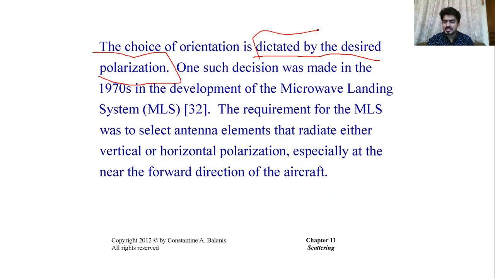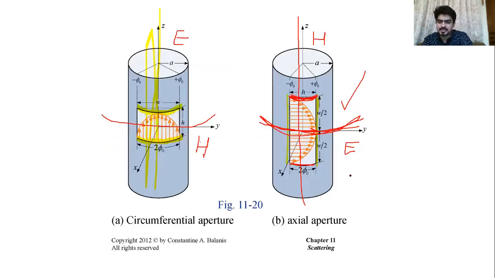And you can consider that these cylindrical structures are part of, let's say, some aircraft or missiles. Cylindrical structures like this are part of practical structures like a missile or airplane or aircraft.